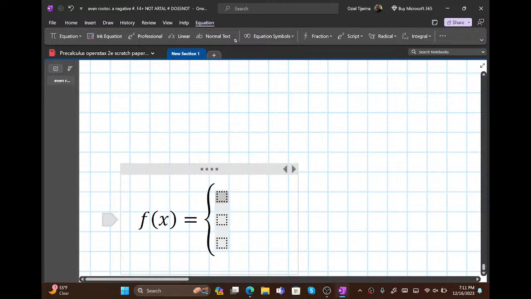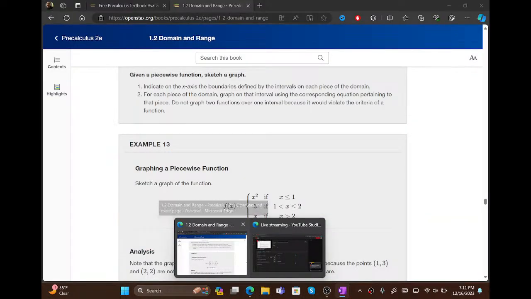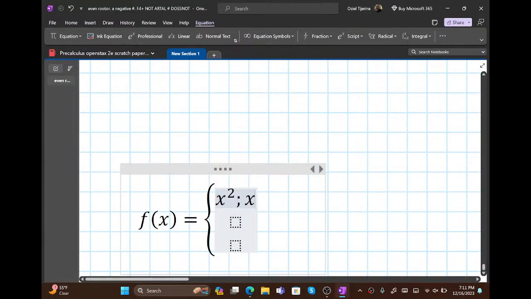All right, so this is x squared such that, I always put semicolons for this, x is less than or equal to 1.